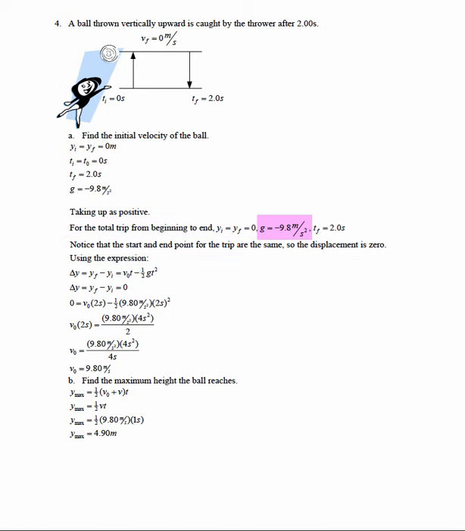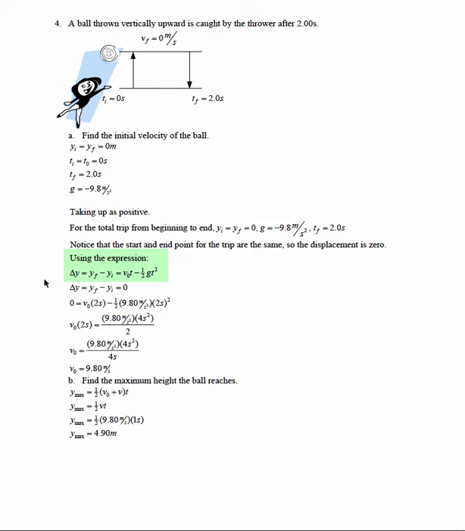Gravity, minus 9.8 meters per second squared, is telling us gravity is pulling downward, and the time final is the total trip, 2 seconds. Notice that the start and end point for the trip are the same. So, by the rules, the displacement has to be 0. If we start here, go up, come back down, we've in essence gone through 0 displacement.